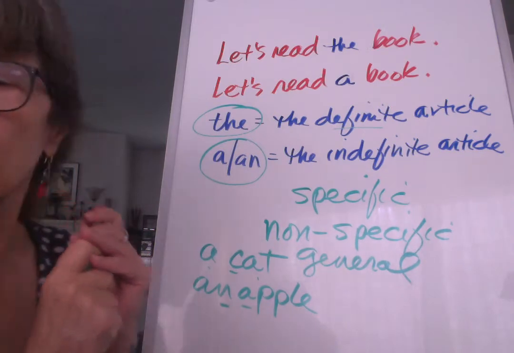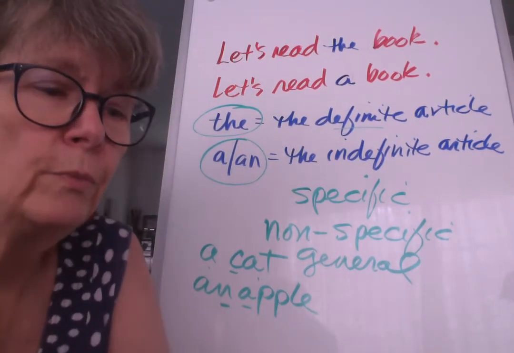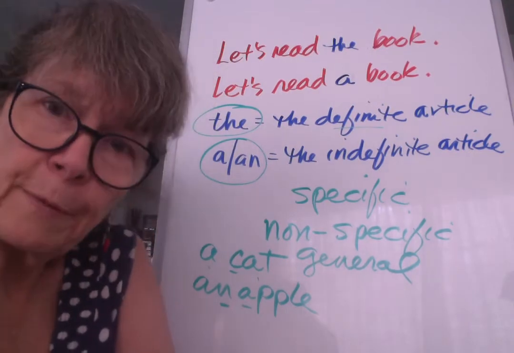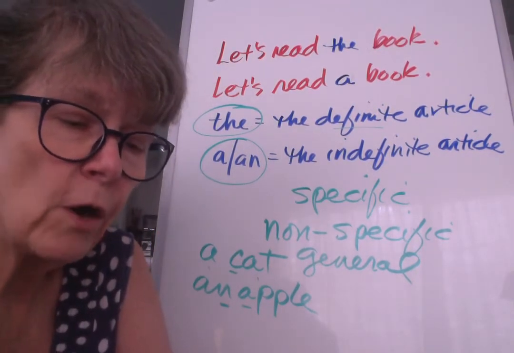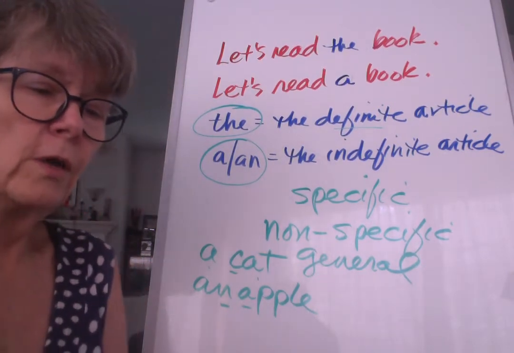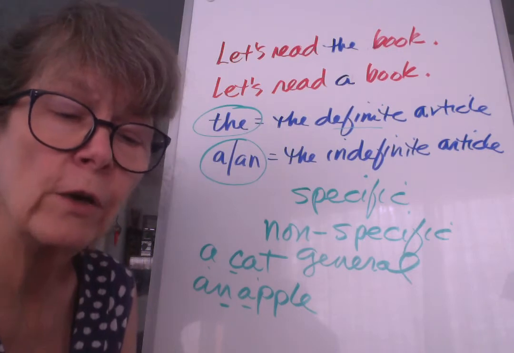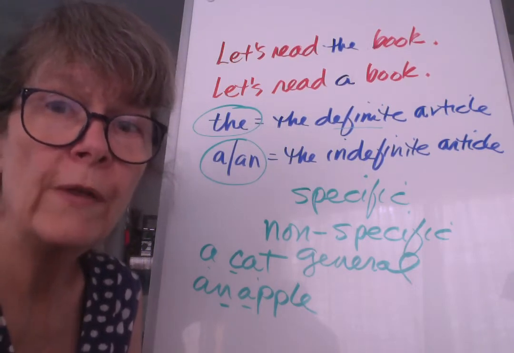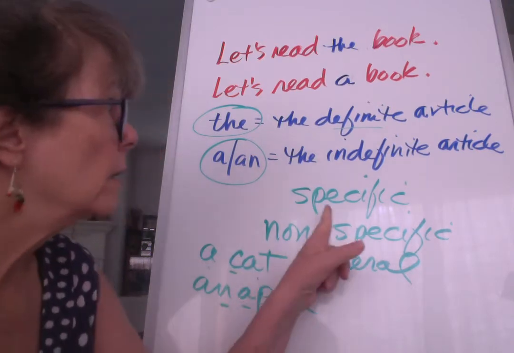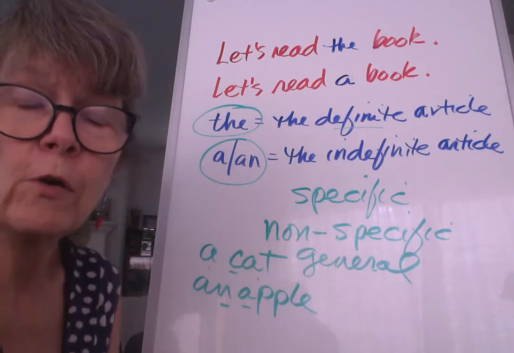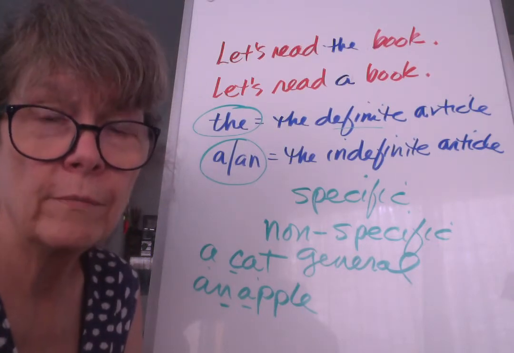Okay, so there are some things on your handout that I want to draw your attention to. Skipping down to about halfway down the page, it says the definite article, the. So the definite article, the, is used before singular and plural nouns when we mean a specific or particular noun. So the dog that bit me ran away.